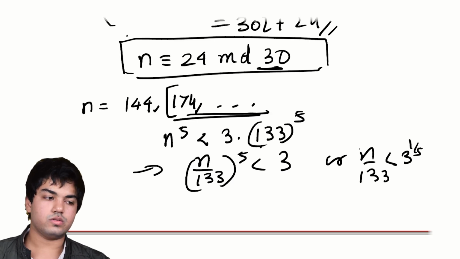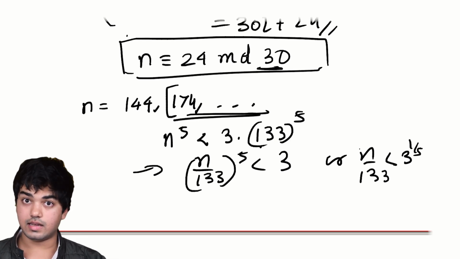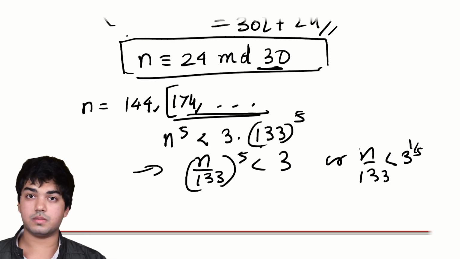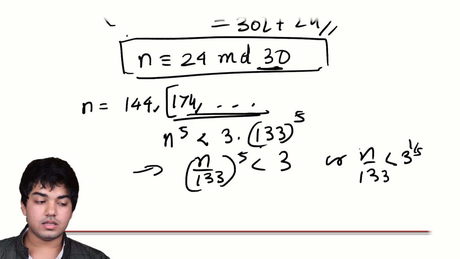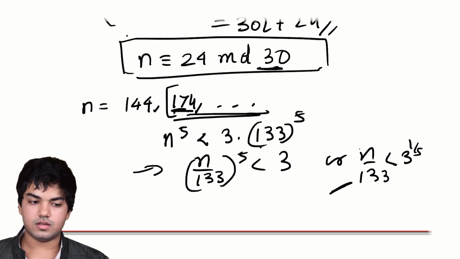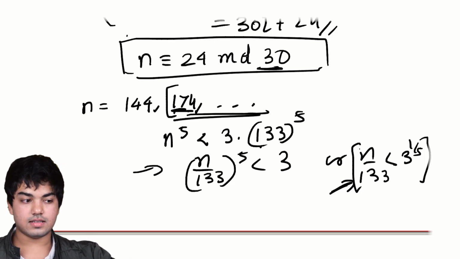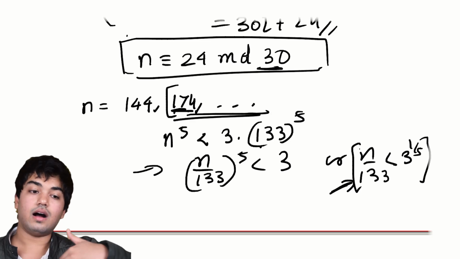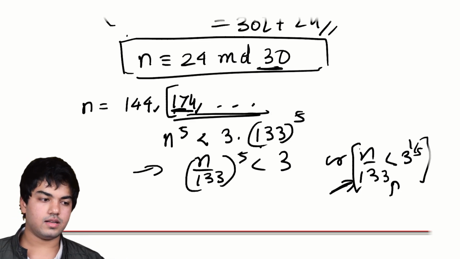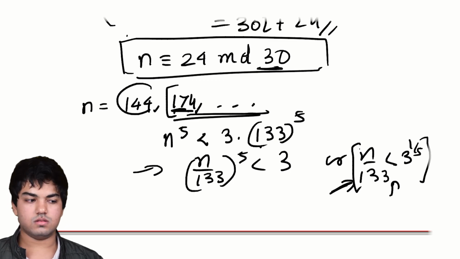It's not too hard to show using some basic numeric inequality, no fancy algebraic stuff, just basic number multiplication, that any number greater than or equal to 174 is too large for this to happen. There's an upper bound on n, right? So the idea is that 174 or anything more than 174 is too large for this upper bound to hold, right? That's the idea. And so that means that n must be equal to 144, which is the answer.